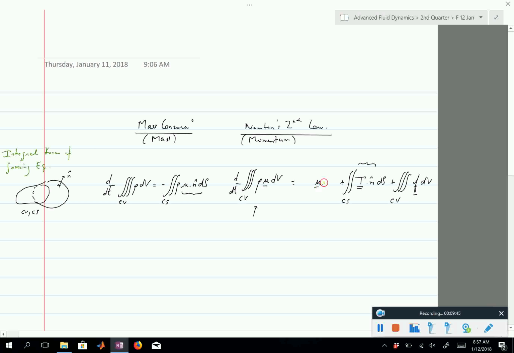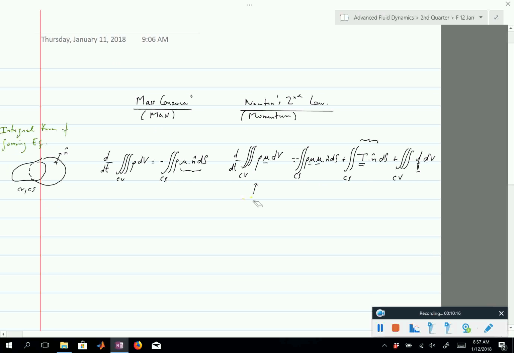So this is still u dot n dS, and you integrate over the entire control surface. So this is again your volumetric flow rate coming out, but now you're not interested in how much mass came out, you're interested in how much momentum came out. So you have to multiply your volumetric flow rate by the momentum. So this is rho u. And so this here is the integral form of the momentum equation.